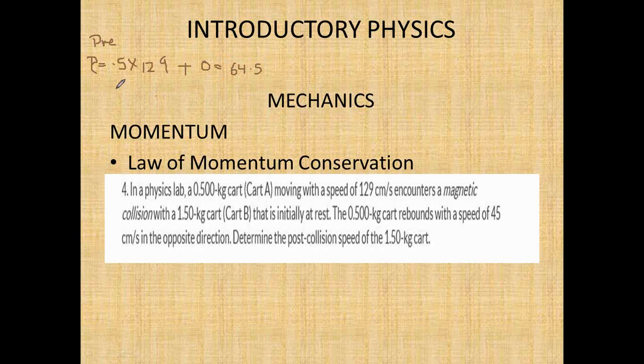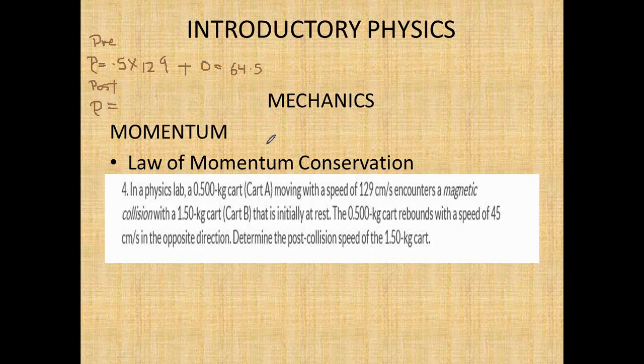All right. Now for the post-collision momentum. The 0.5 kilogram cart, that's the mass, rebounds. If it rebounds, it was traveling to the right, and now it's traveling to the left.